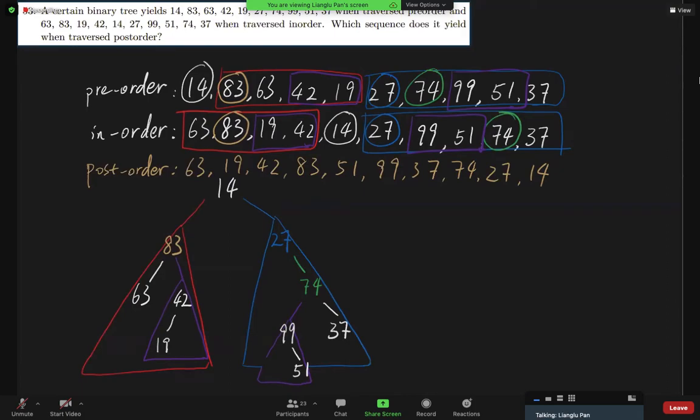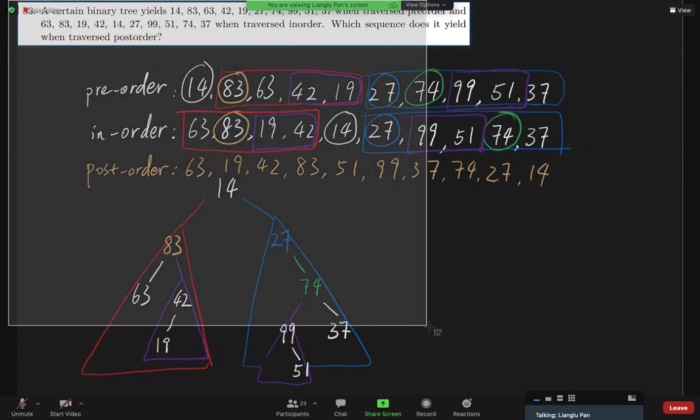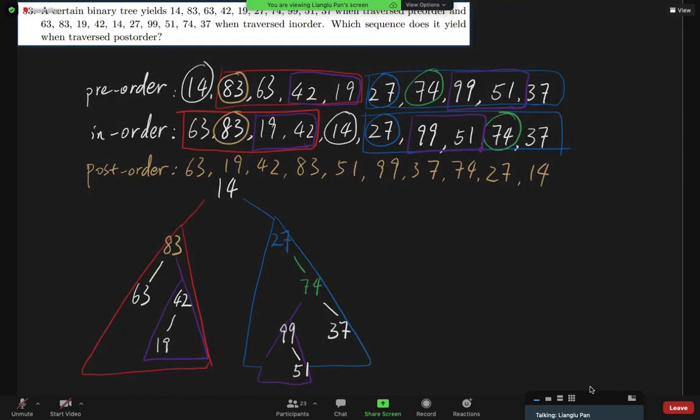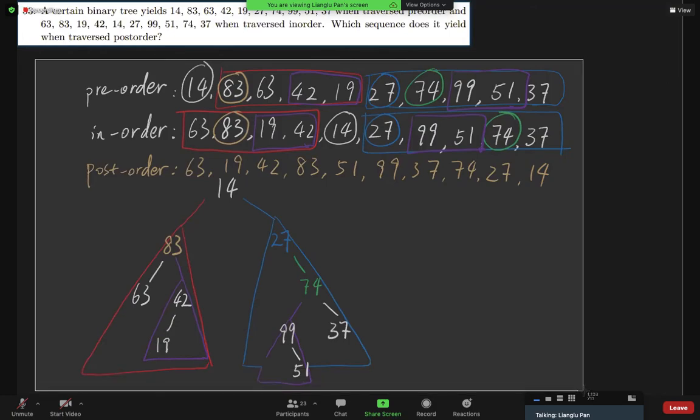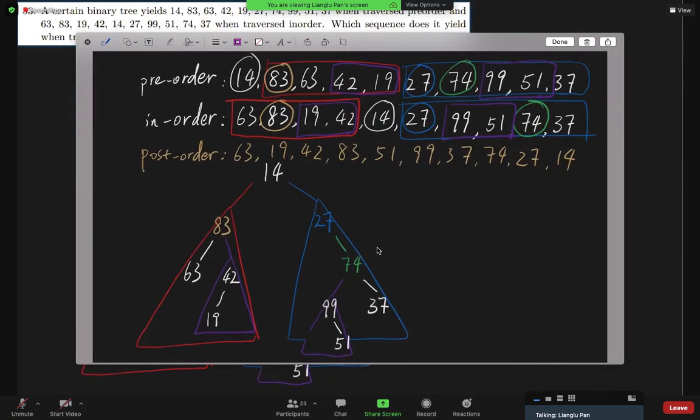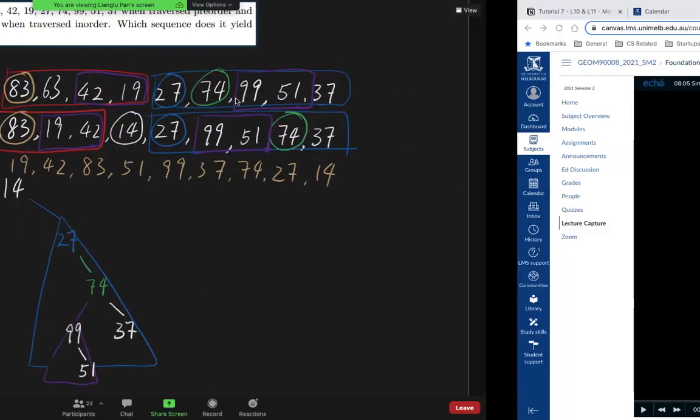So the post-order traversal sequence I get is 63, 19, 42, 83, 51, 99, 37, 74, 27, 14, as shown on my screen. I hope I didn't make any stupid mistake, but in case you get a different order, feel free to let us know.